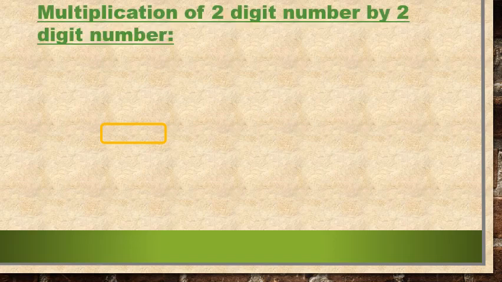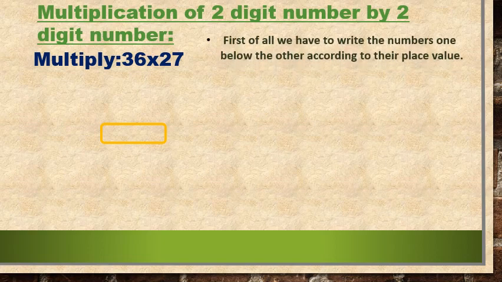Now, girls, let us find out how to do multiplication of two-digit number by two-digit number. Example, multiply 36 into 27. So first of all, we have to write the numbers one below the other according to their place value.